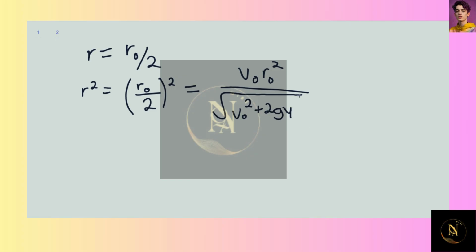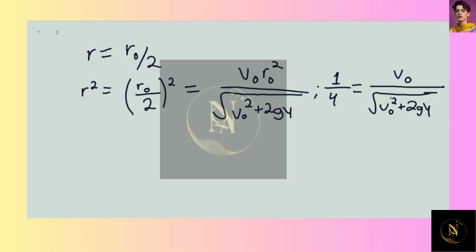At this point, we see that we can cancel these out. This r squared and this r squared cancel out, and we end up with 1 over 4 equals the initial velocity divided by the square root of the initial velocity squared plus 2gy once again.